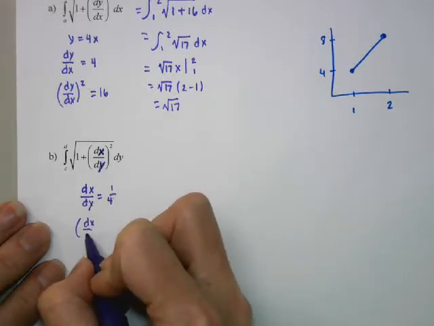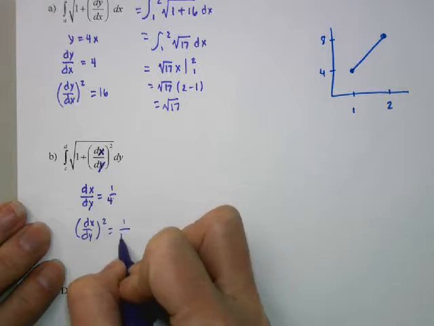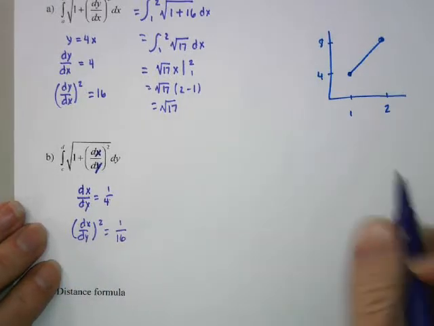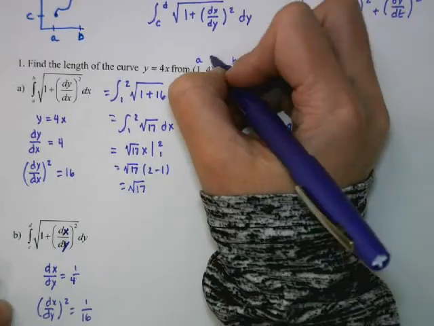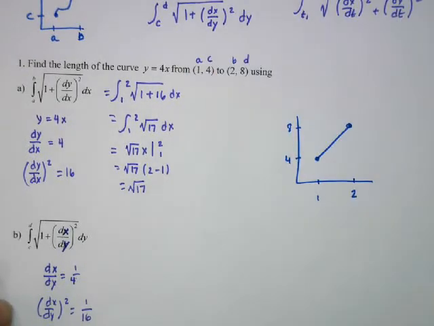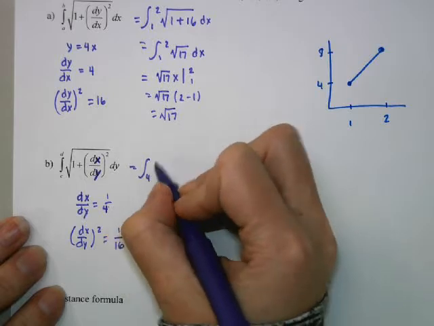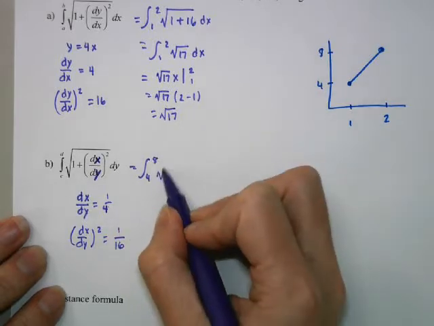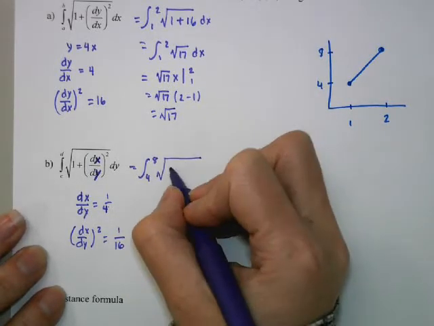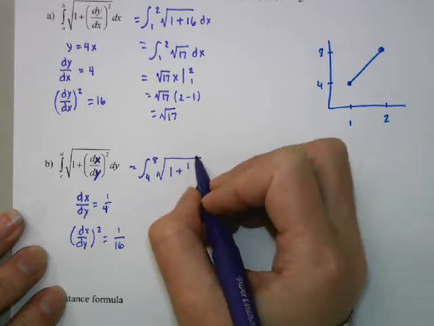So this is going to be the integral from 4 to 8 of the square root of 1 plus 1/16. This will be the root of, this is 16/16, 17/16.